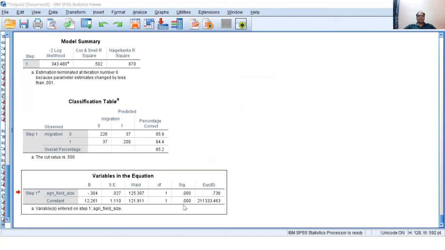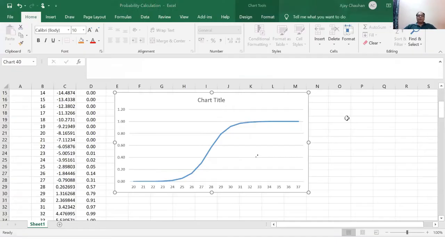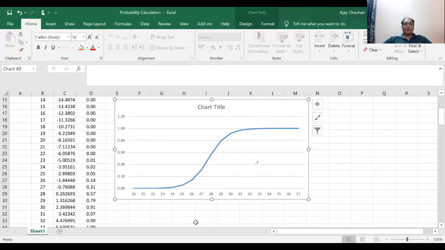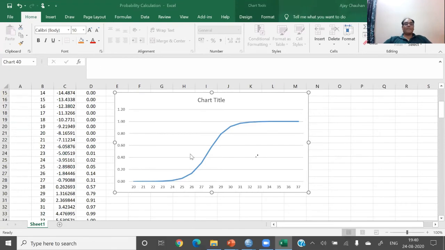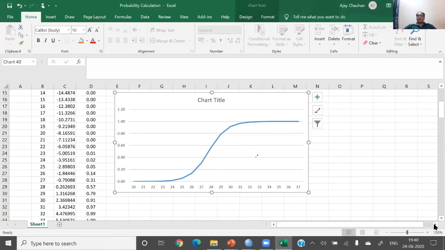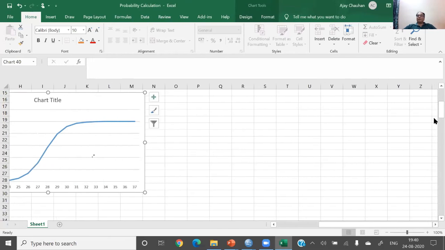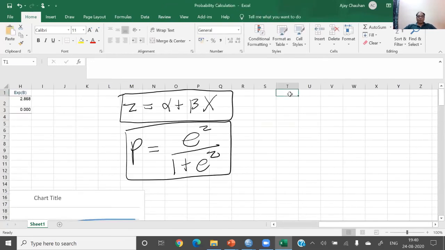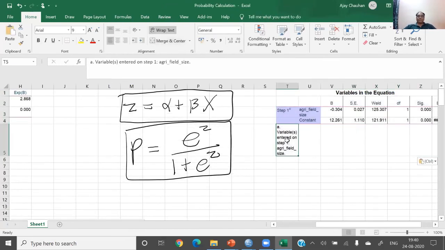Where is my Excel file? Yeah, so this is my Excel file. I hope you can see the Excel file now. In this Excel file I am using this portion of the data set. This is my result.